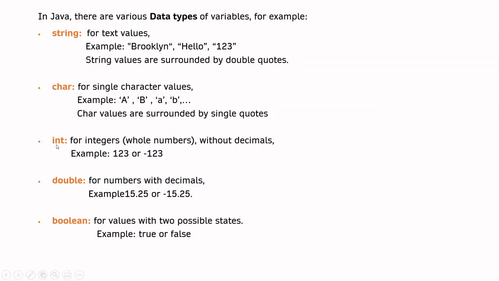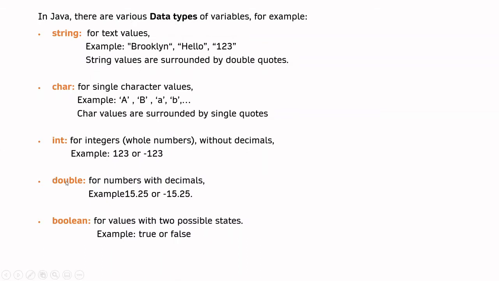Also, we have the int data type, and that's for integers, whole numbers that do not contain decimal values. It does not allow storing values with decimal parts. Only whole numbers are compatible. For example, there's 1, 2, 3, and there's negative 1, 2, 3, so it's either positive or negative.